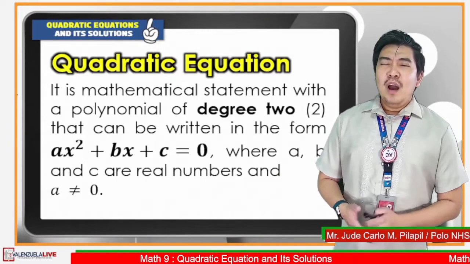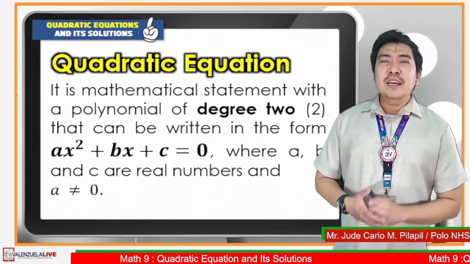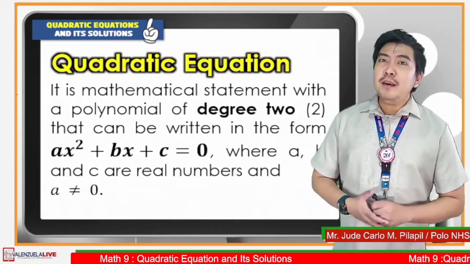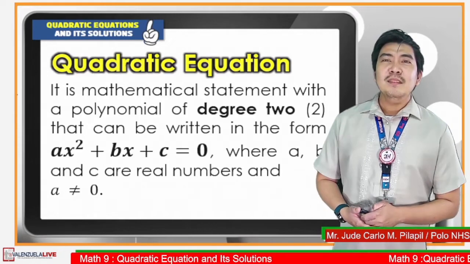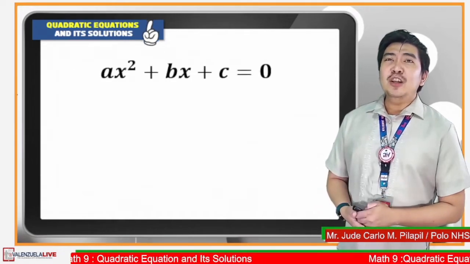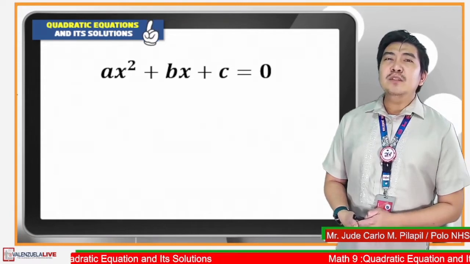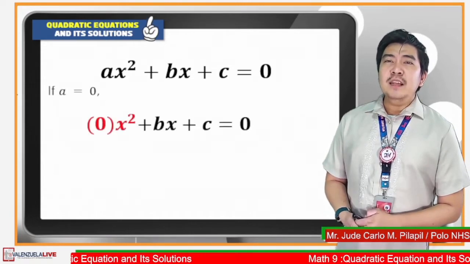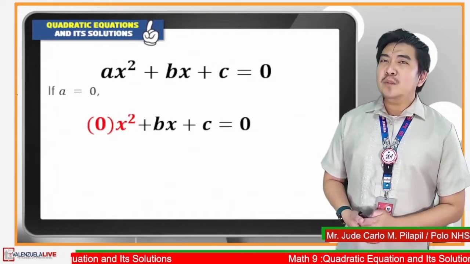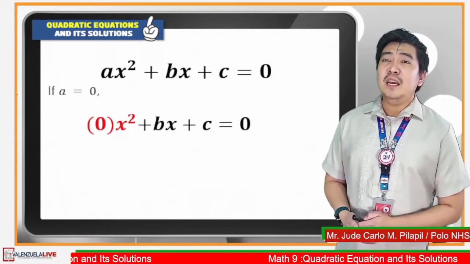Now, why is it that we have this restriction, a should not be equal to 0? If we will let a be equal to 0, we will obtain 0 times x squared plus bx plus c is equal to 0.